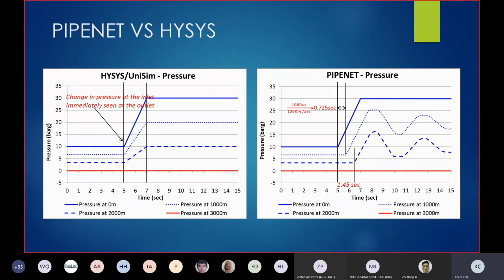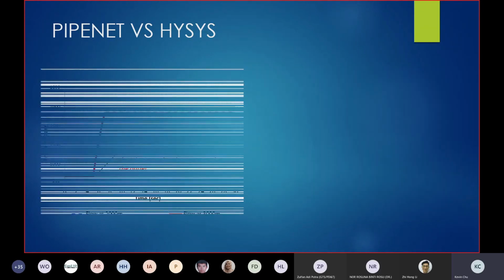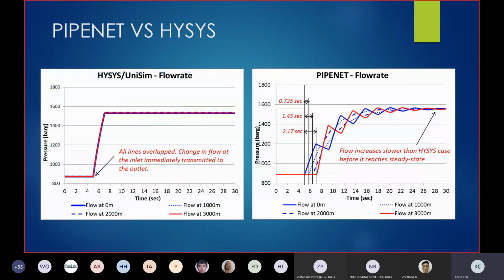So this is for the pressure, and similar observations can also be made in terms of flow rate. The flow rate increases instantaneously in HYSYS, and the flow rate increases with a time difference in Pipenet.